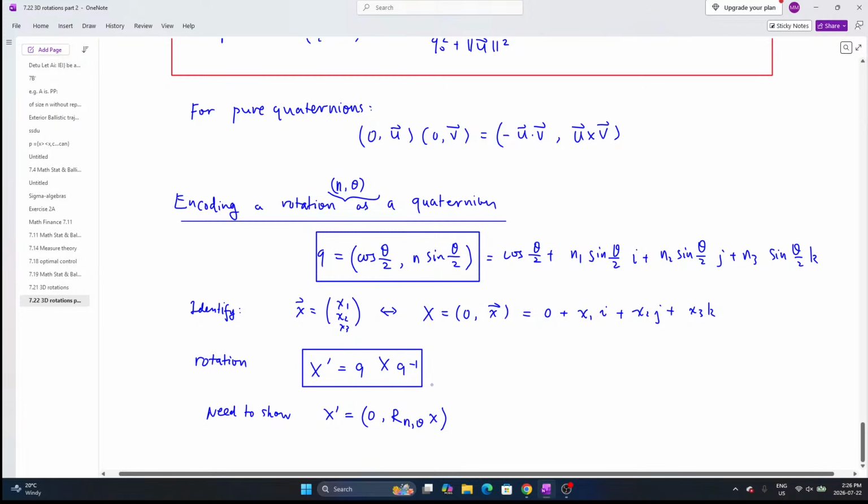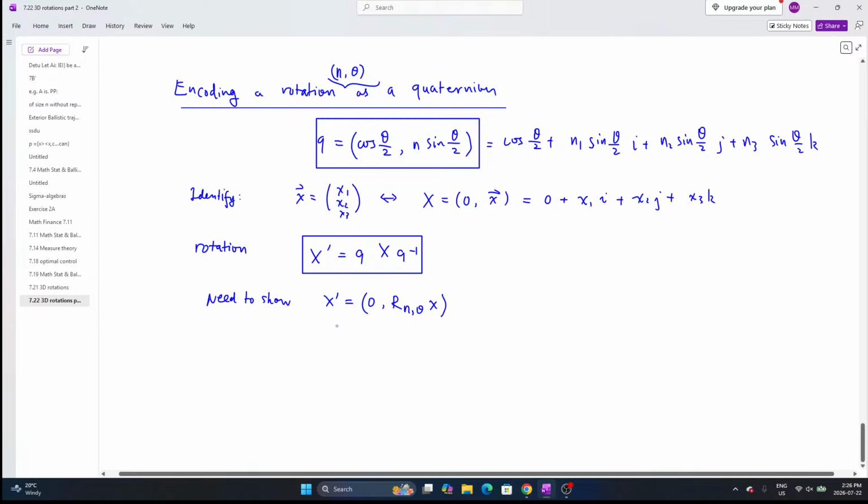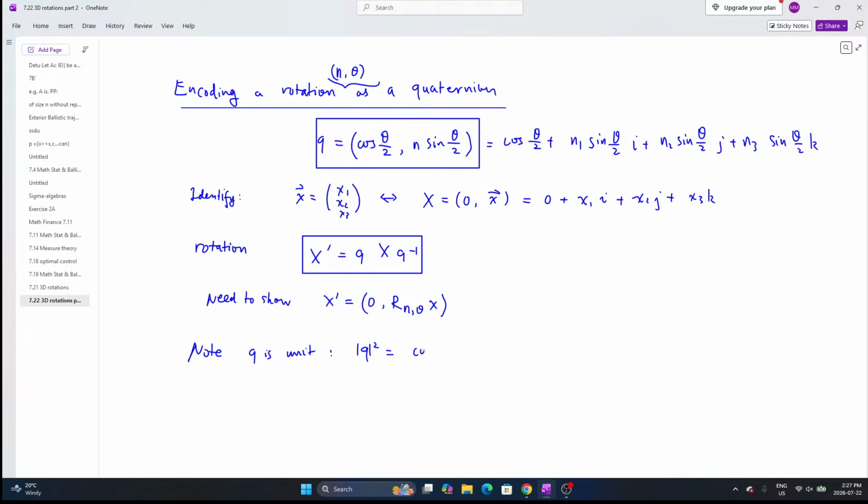And by the way, first note that q is a unit quaternion. So the norm squared of q is cosine squared theta over 2 plus the norm squared of n times sine squared theta over 2. Of course, this is just 1, since the norm squared of n is 1.